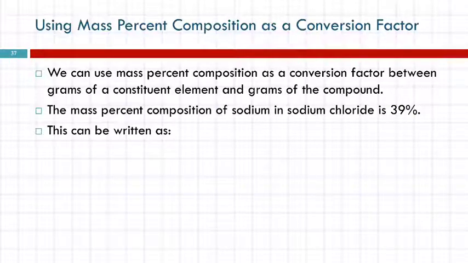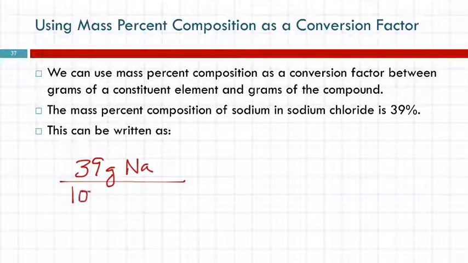So when we see 39%, percent literally means per 100. So 39 per 100. It's 39 grams of sodium per 100 grams of sodium chloride.